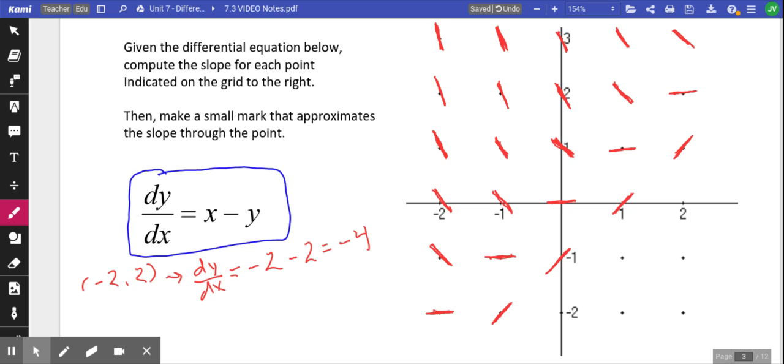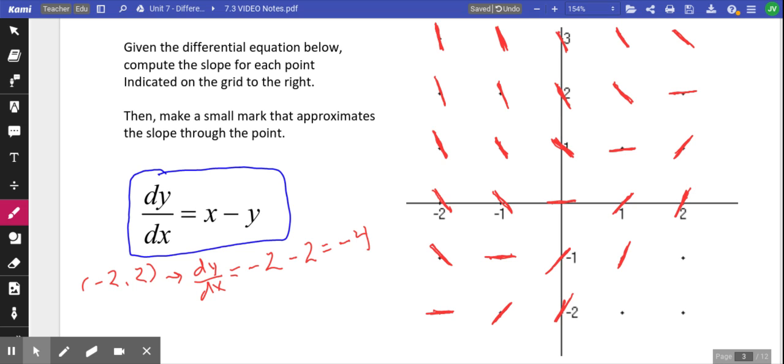Let's try 0, -2. That would be 0 minus -2, which is actually +2. So I'll try to draw a slope of maybe +2 here. And once again, our thinking with the diagonal piece is going to work as well. That's a little bit too high sloped right there, but it'll work for what we're doing.